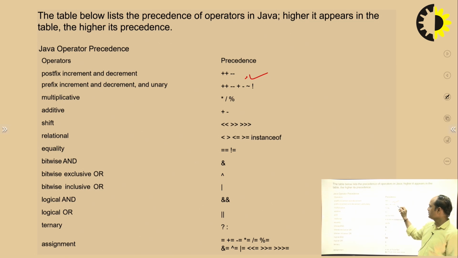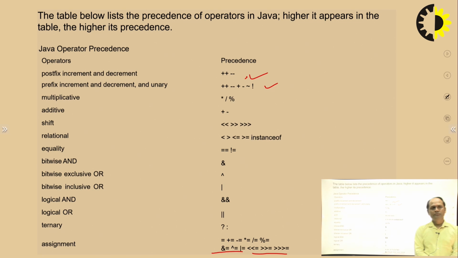Prefix, increment and unary operators also have higher precedence. Then multiplicative, additive, shift, relational, equality, bitwise, and in the last we can see the assignment operator has the least priority, and the ternary operator also has low priority.